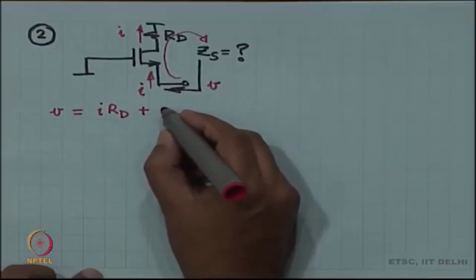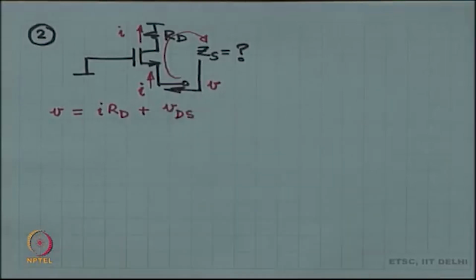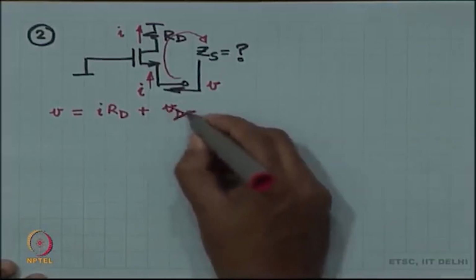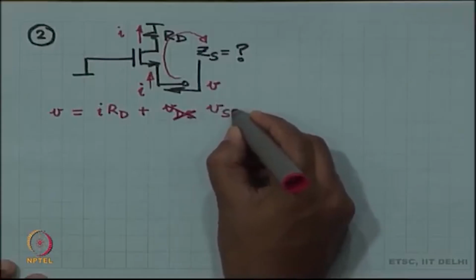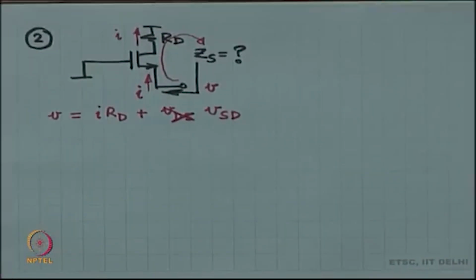I do not know what is the drop across the source drain of the MOSFET, I need to figure out. Sorry, this is not VDS, this is VSD.